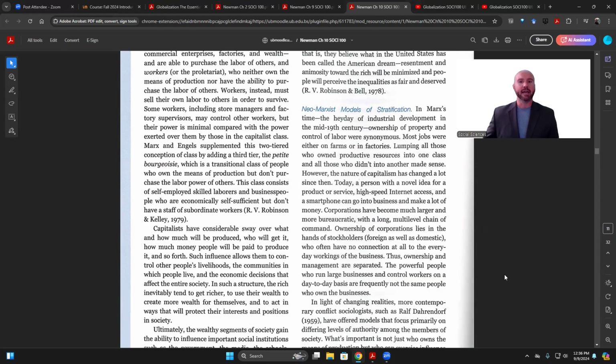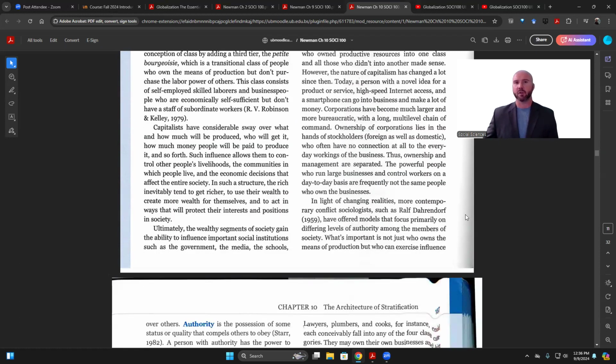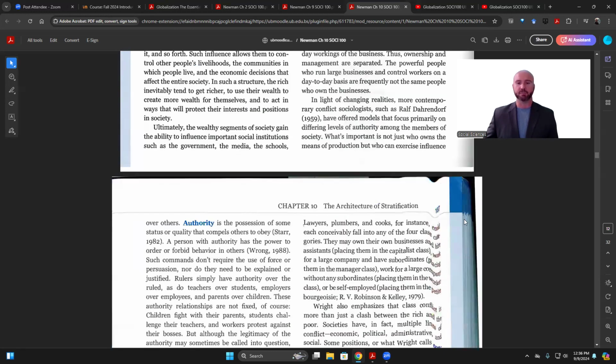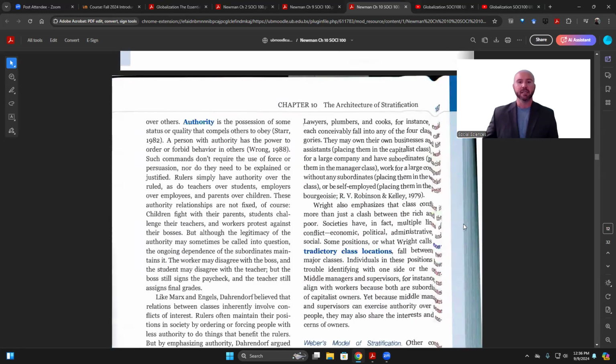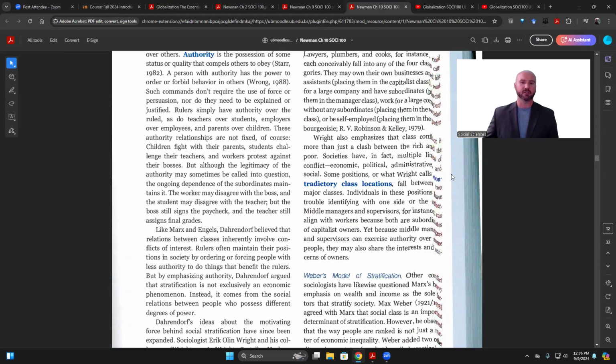but you don't own the means of production. And the neo or new Marxist models took this into account because there's lots of complexities and some contradictions within the old Marxian model, as well as several of Marx and Engels' predictions that just didn't bear out. So you have what are considered to be contradictory class locations within the old Marxian model that I just discussed.